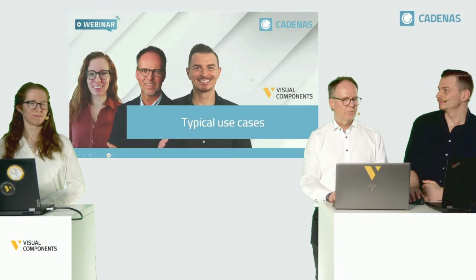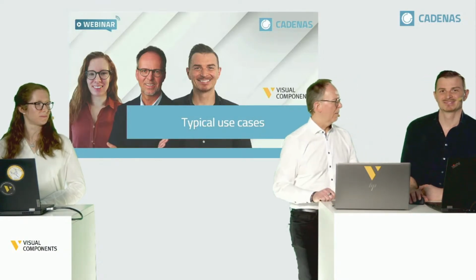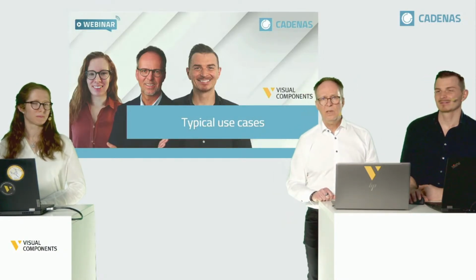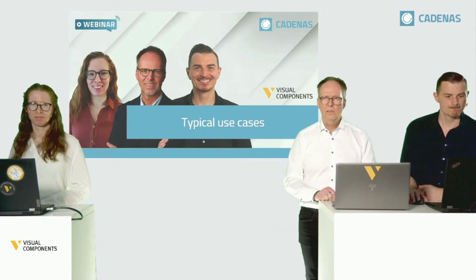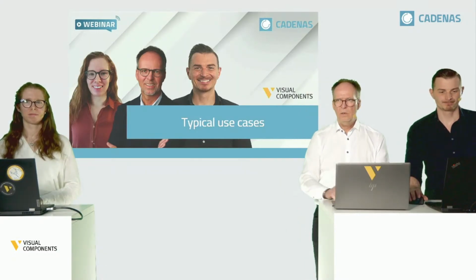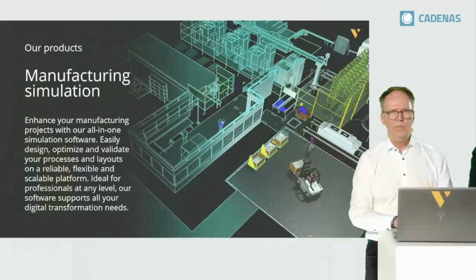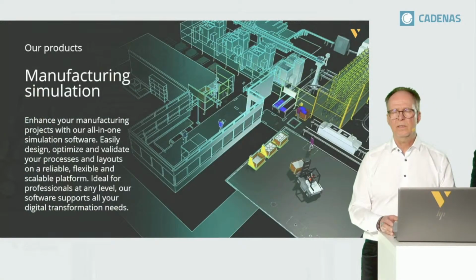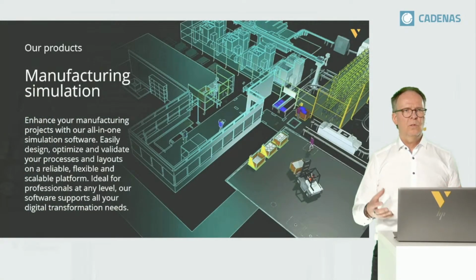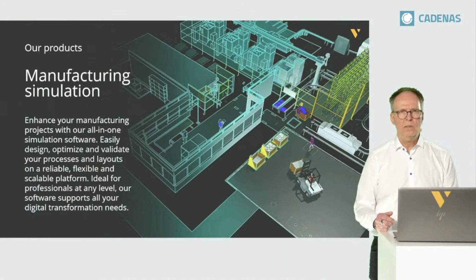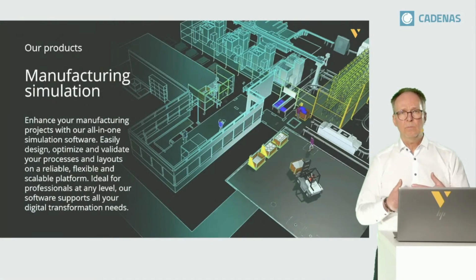Yeah. Okay. So with that, I think we come to the typical use cases, and also we can do a summary like here. So what are the typical use cases for our customers and prospects? We deliver two different solutions to the market, but they are combined in one solution.